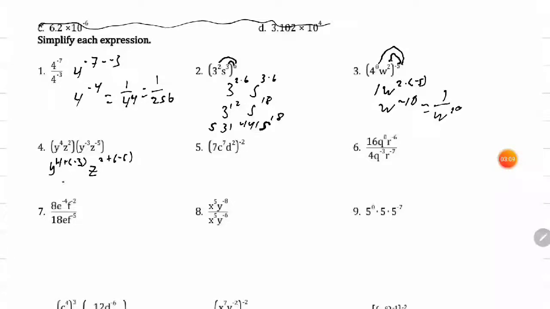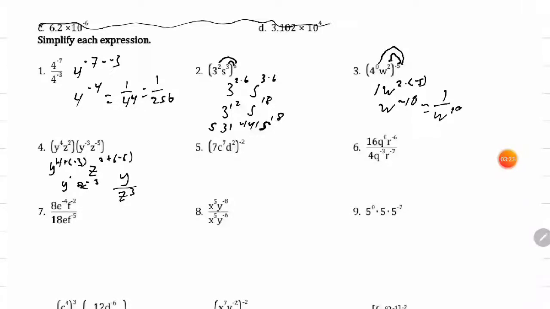So 4 minus 3 is 1, so y to the first, z to the negative 3. So we have y on top, z to the third on the bottom, because we don't like negative exponents.